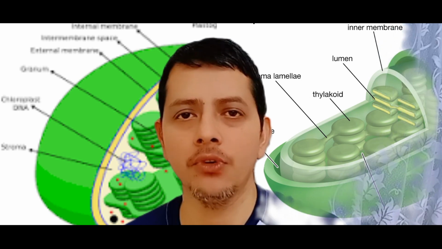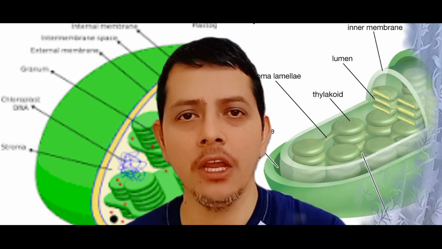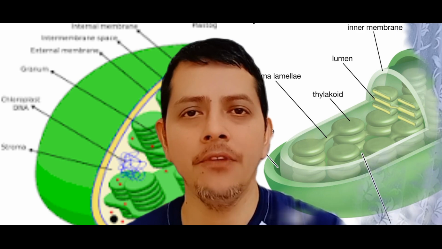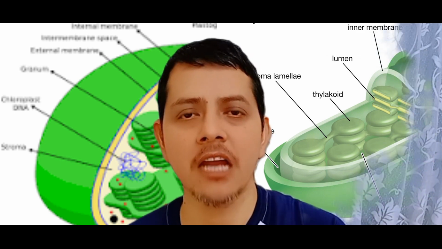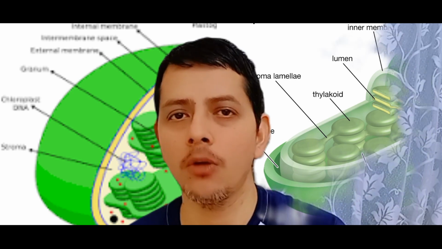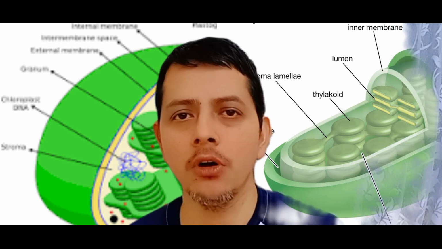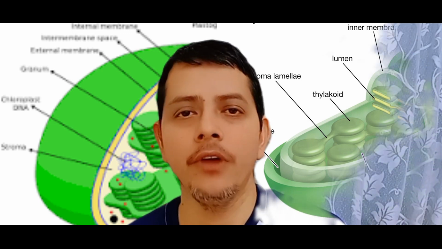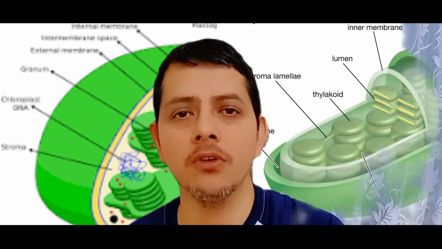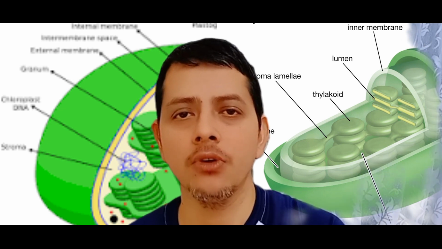Further, we can divide the light phase into three more steps. The first step is trapping of sunlight, or absorption of sunlight, by the green colored pigment called chlorophyll. The second step is known as hydrolysis or photolysis of water.